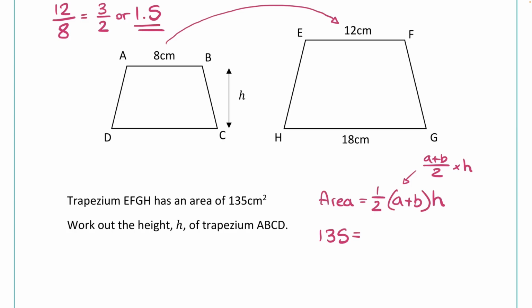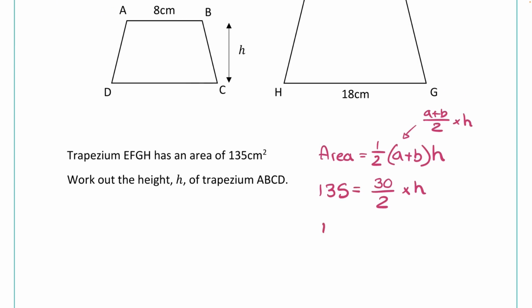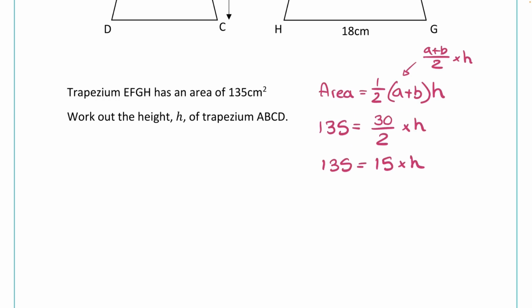So a plus b is our two parallel sides, so 12 plus 18, which is 30. So we have 30 over 2 times by the height. Now 30 over 2 is 15, so we have 135 equals 15 times the height. And now we just need to work out how many 15s go into 135.